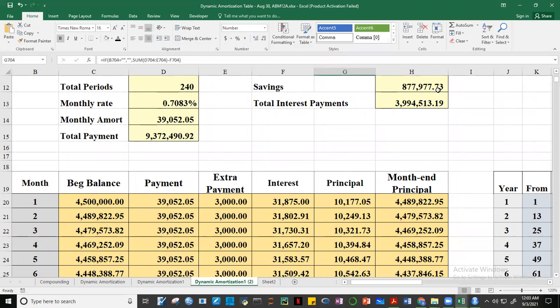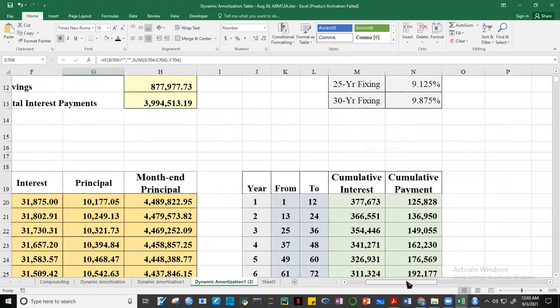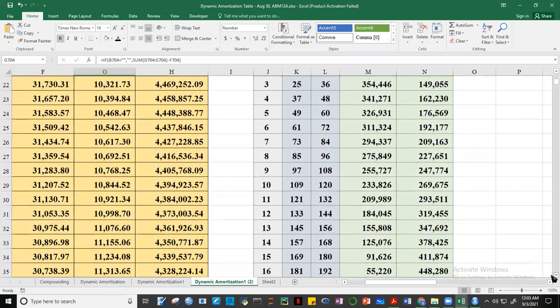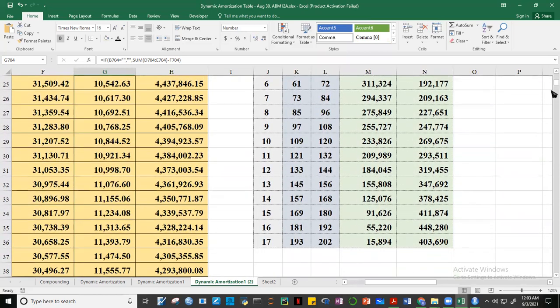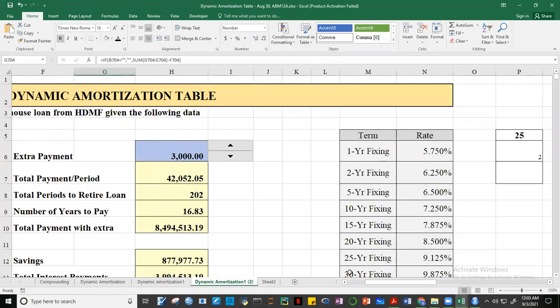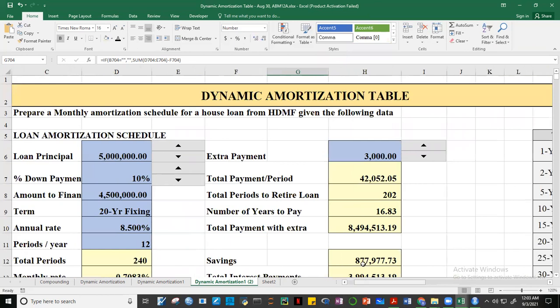Okay, then lastly, ang i-discuss ko na lang itong may cumulative payment. I'm going to flash the formula so that makita natin. Pero tingnan muna natin kung ano na nangyayari sa cumulative formulas natin. When we change anything here, for example, balik natin sa 30 years to.